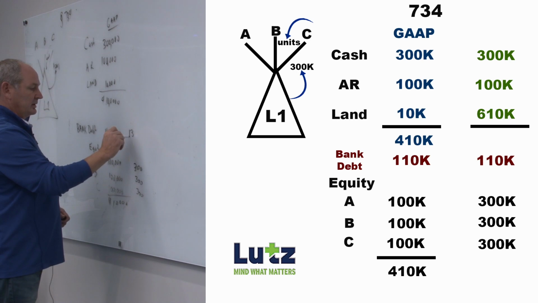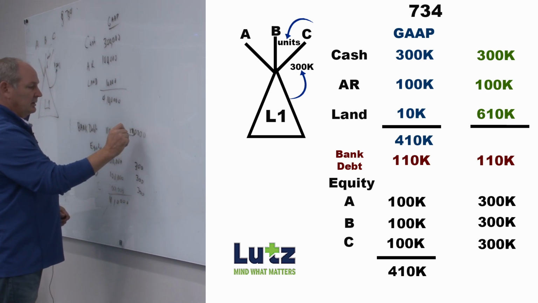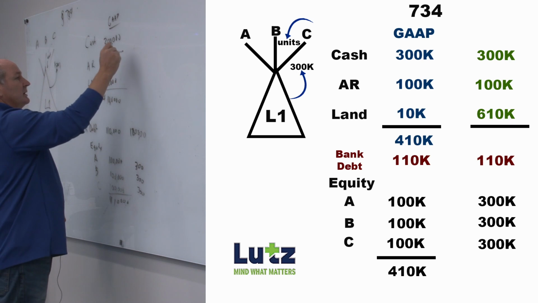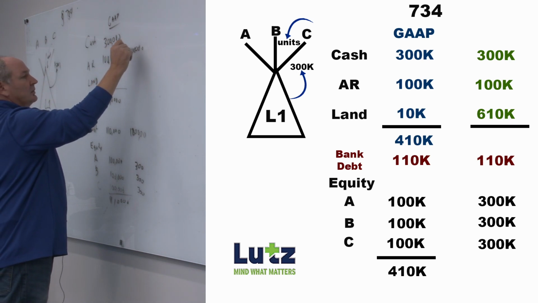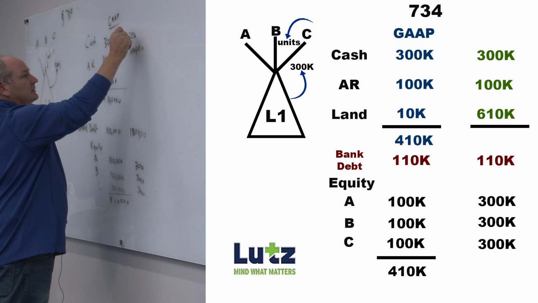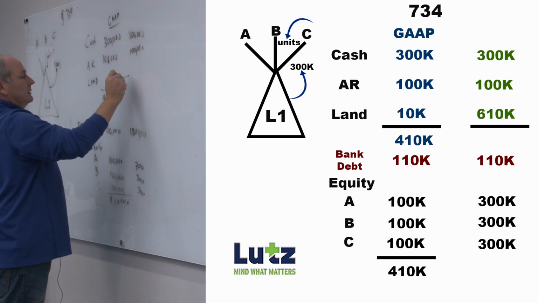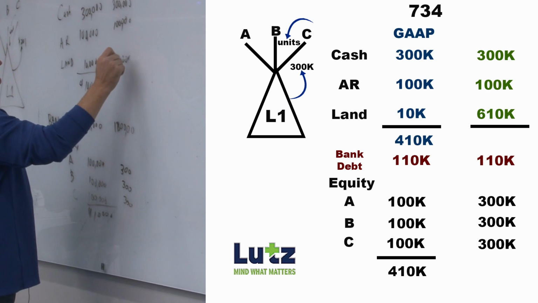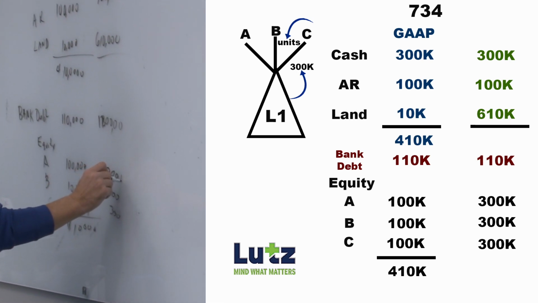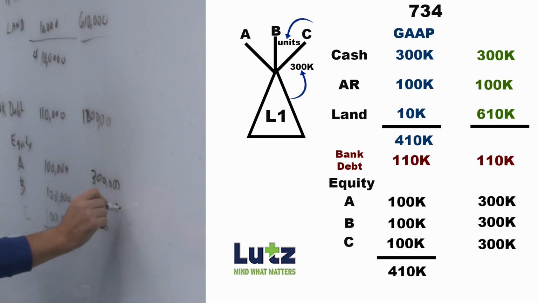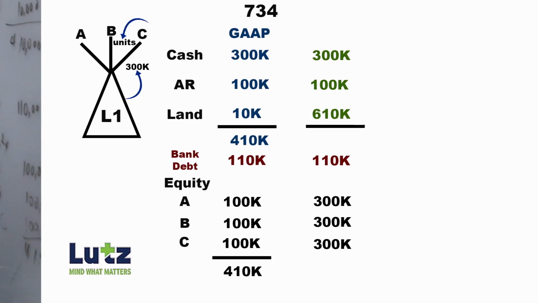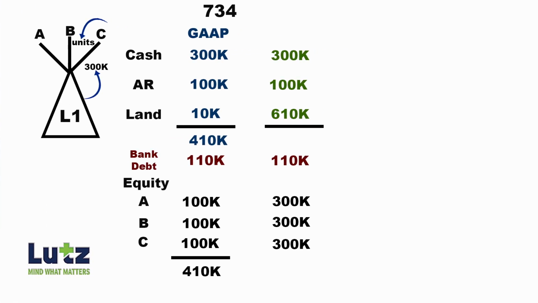Okay, so we have this fair market value balance sheet of 300 apiece, and we have 110 in PP&E, and we said that the client told us that the AR was what it was. We're not worried about tax basis versus not. So let's just go back to the very, very simple.